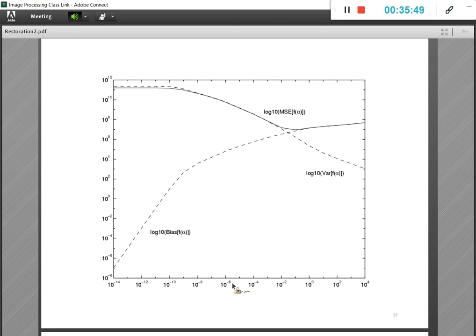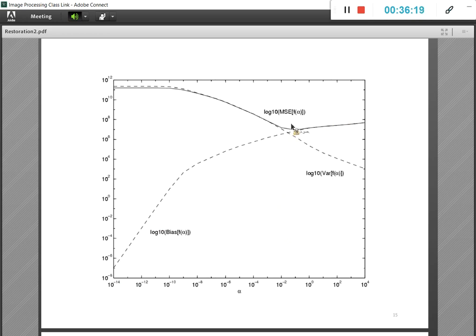This is a very good slide. What alpha is a good choice? Increasing alpha, you see that variance is decreasing, but the mean is increasing, and the MSE, mean square error, is the sum of these two items.